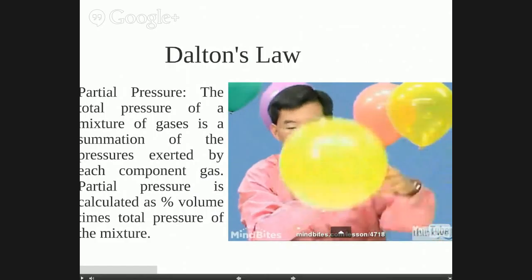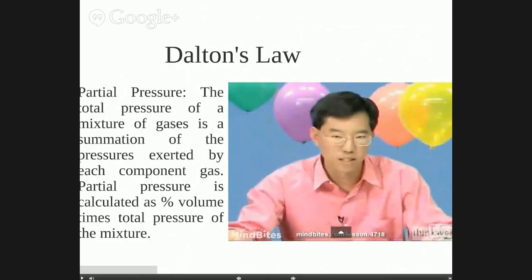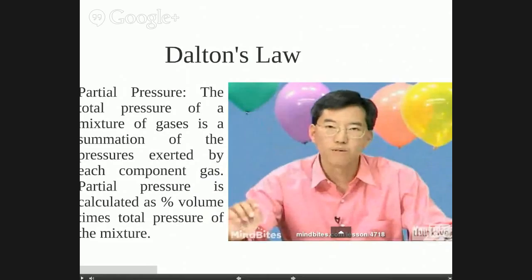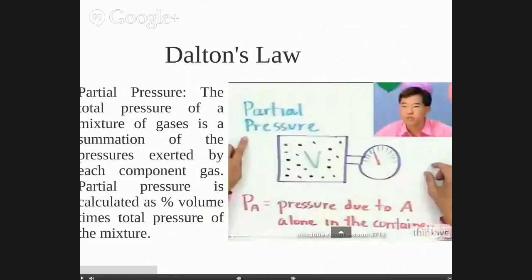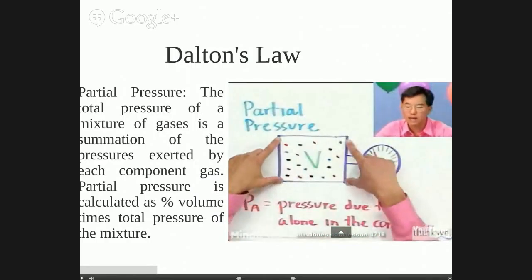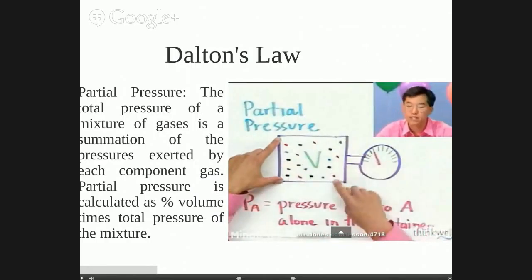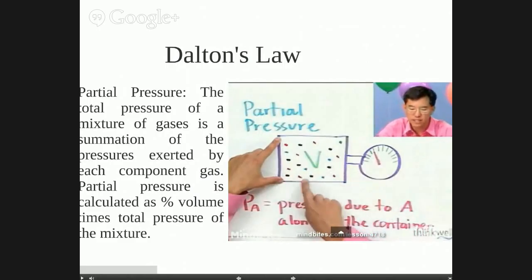I'll get rid of this. To answer that question, what we need to do is define a quantity first called the partial pressure. Okay? So here we have a mixture of gases. It's inside a container of volume V, and each of the individual gases is indicated by different dots.